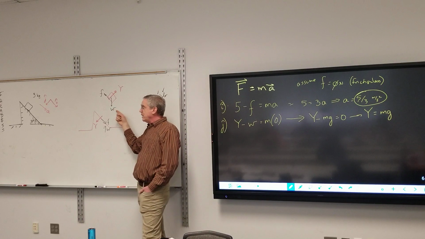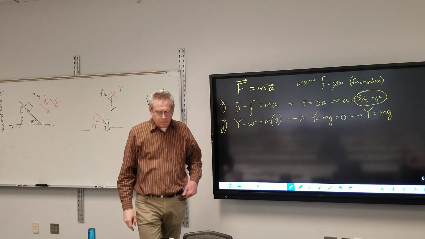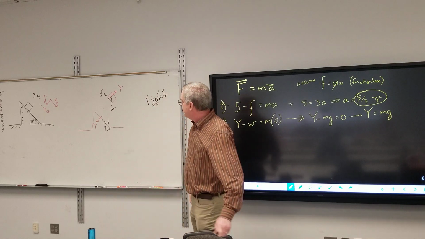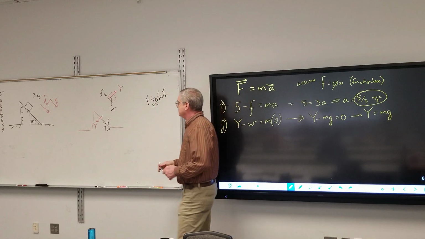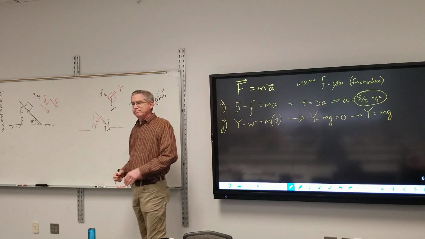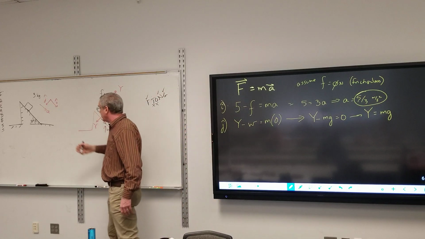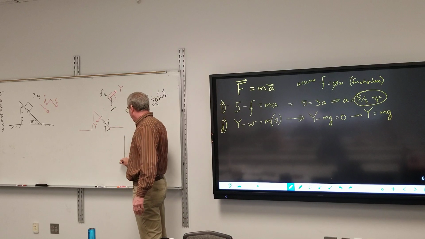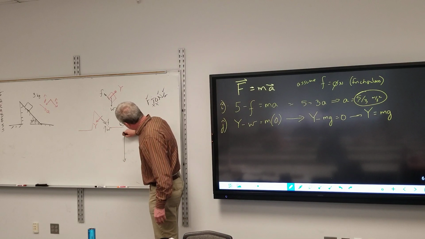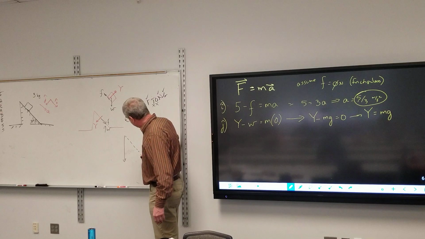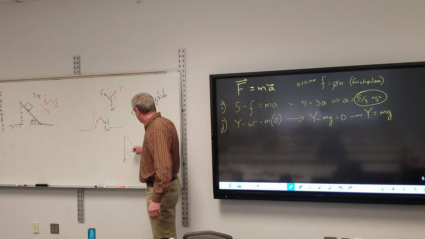It's the only one that is not in the I hat or J hat direction, plus or minus. So that's the one we need to break up. We need to break weight up so that we have components that are parallel to the ramp and perpendicular to the ramp, like we've defined here. So I have weight acting down. I'm going to break it up into a component going this way and one going this way.